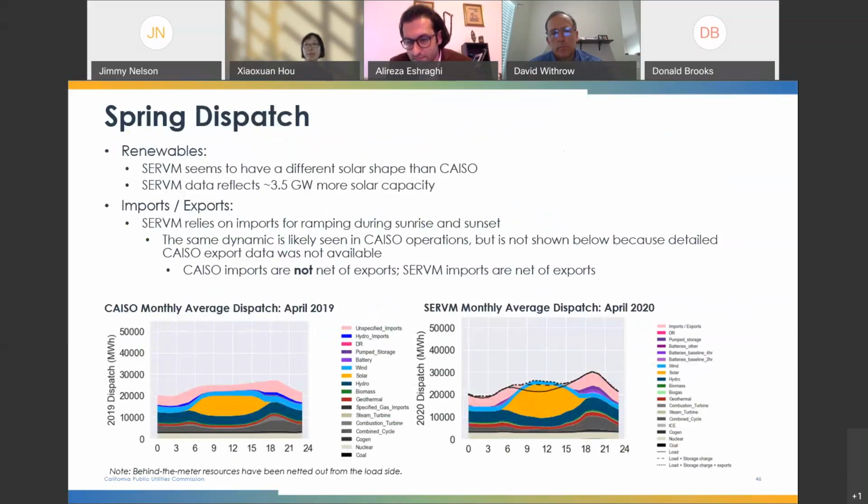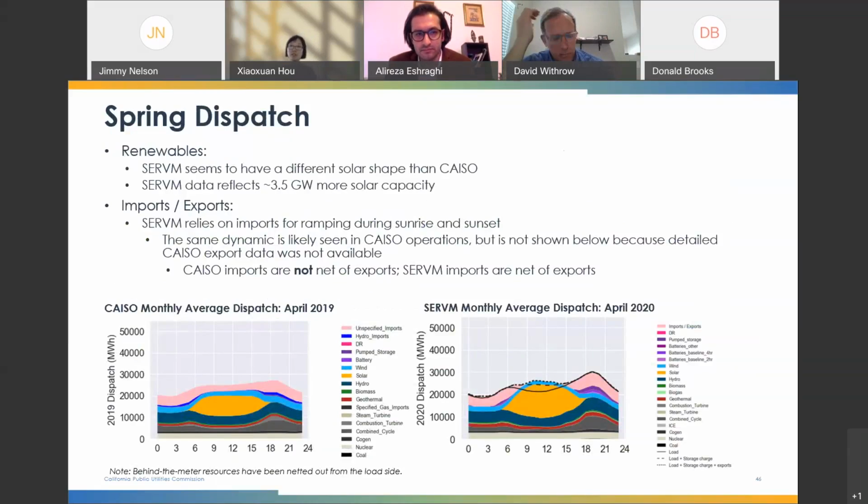This slide compares CAISO's April 2019 dispatch on the bottom left to SERVM's April 2020 on the bottom right. On a high level, the 2 dispatch plots look pretty similar in terms of the general pattern. We did notice 2 big differences here.